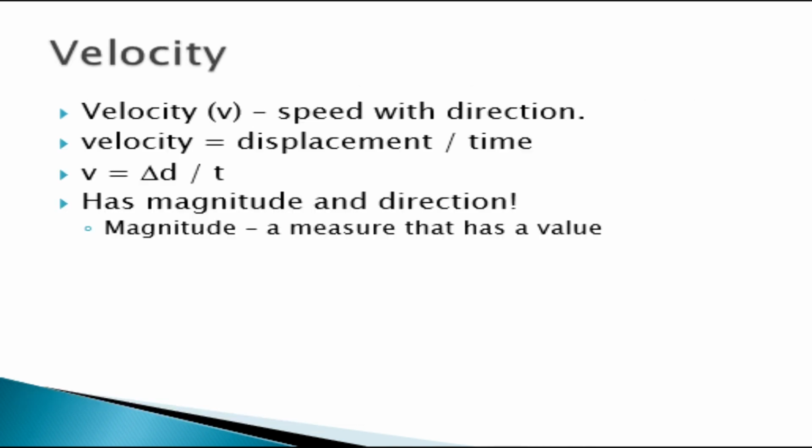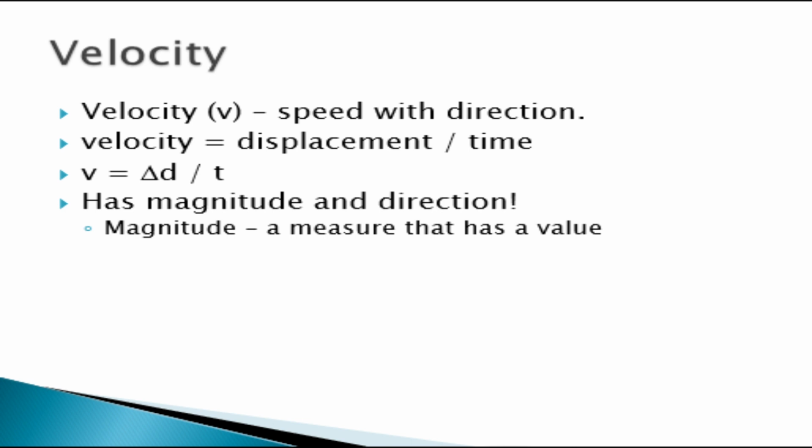But what is the difference between speed and velocity? When we say velocity, it is symbolized by small letter v. This is also defined as speed with direction. Velocity is equal to displacement over time. Take note of the difference.